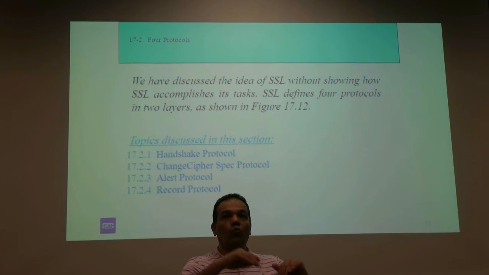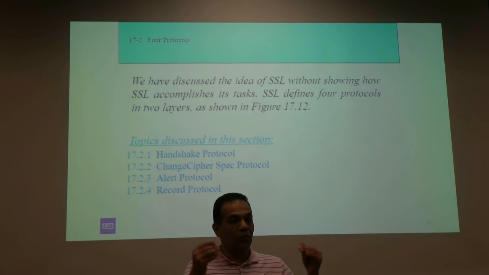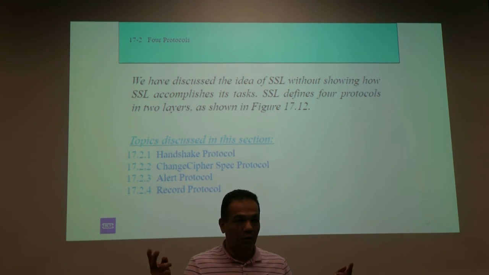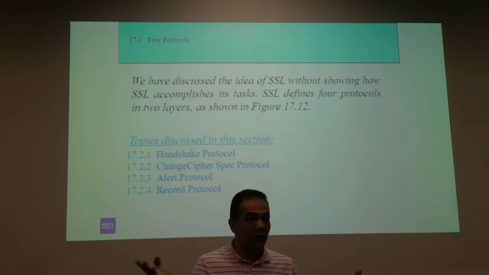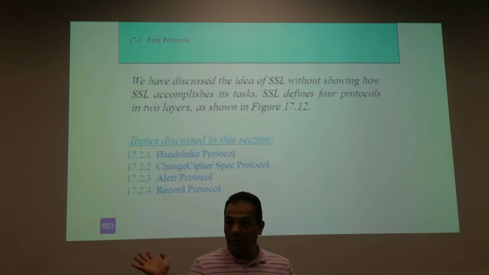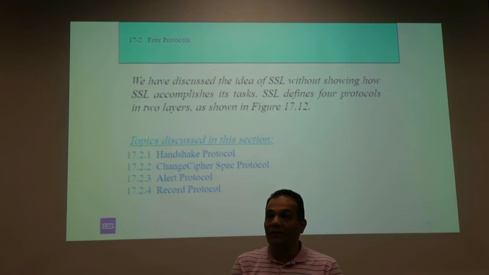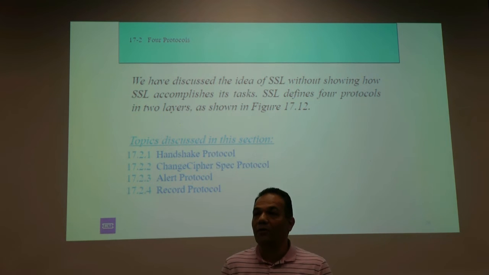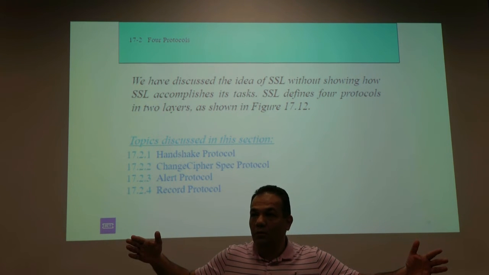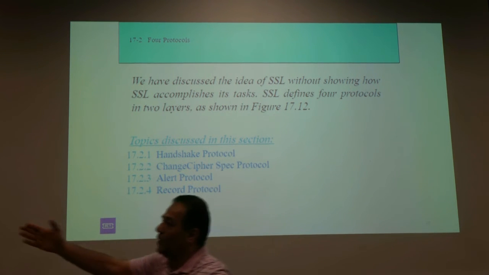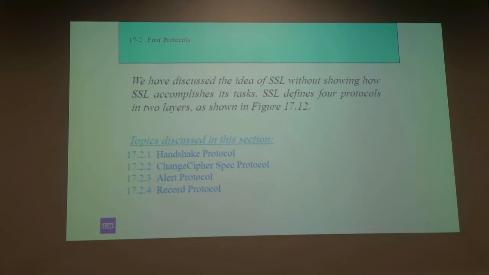It works with the reliable transport protocol, which is TCP. This SSL protocol is like 4 different protocols put together, made one protocol. Exactly like TCP/IP: 2 protocols put together make the Internet protocol. This is a major 2.